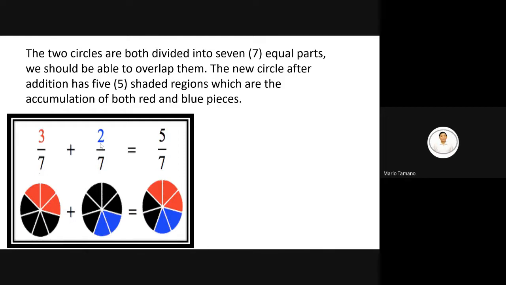So 2 over 7 is equal to, yan. So we're going to add the red from the first pie plus 2 from that second pie or circle. So 3 plus 2 is 5. Then copy the common denominator. That is 7. Okay? So bilangin niyo po yung red, 3. Tapos yung blue, that is 2. So there are 5. Then 5 over 7.